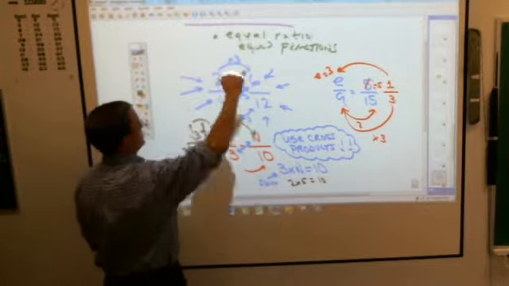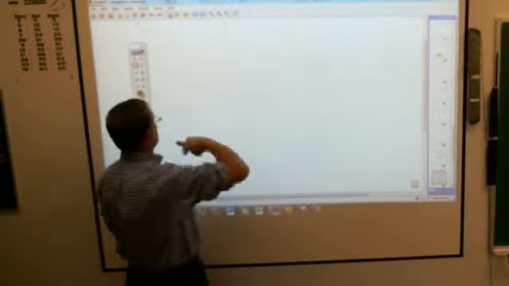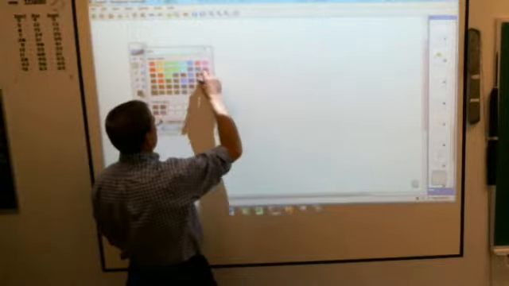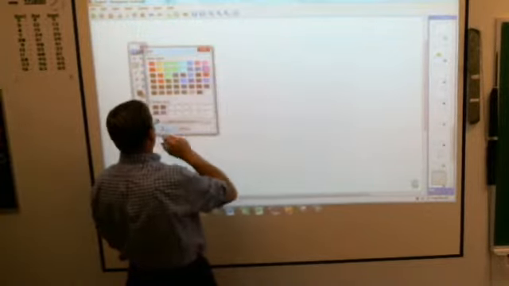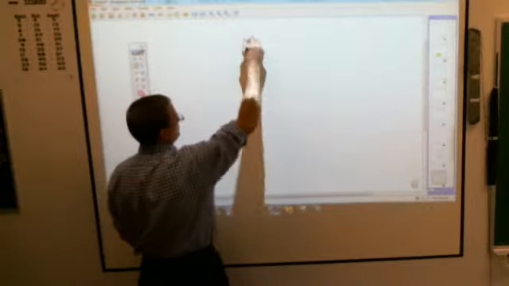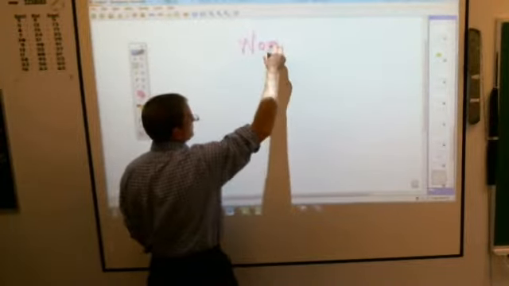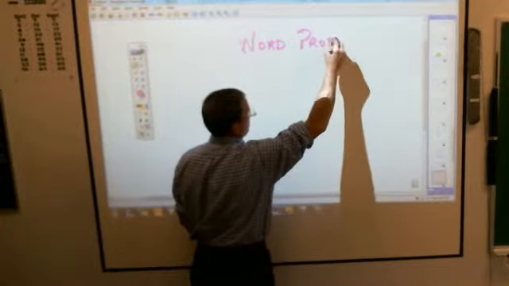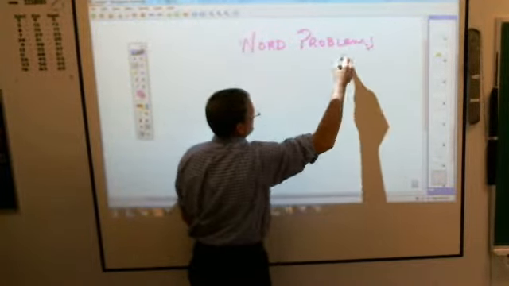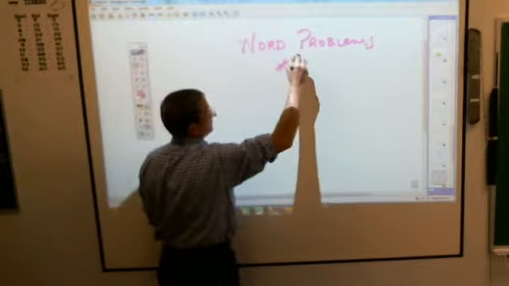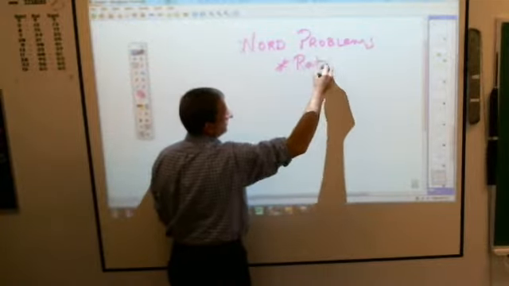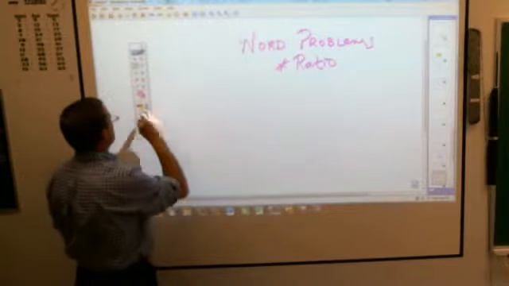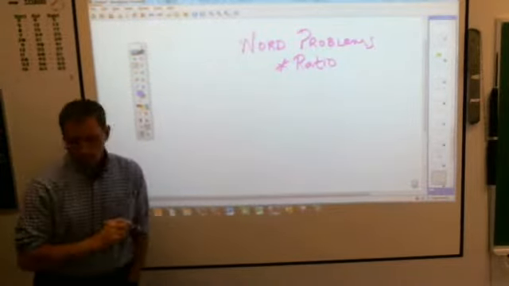I need you to take out a blank piece of paper because proportions are part of our next little deal, which is ratio word problems. So under word problems, write the word ratio.